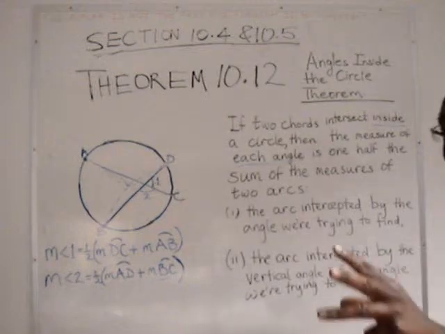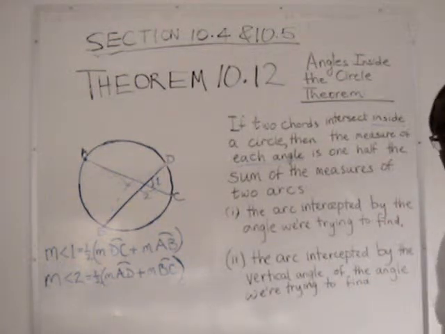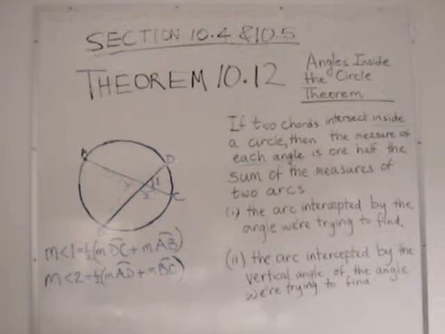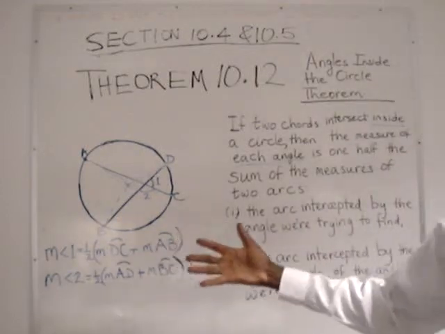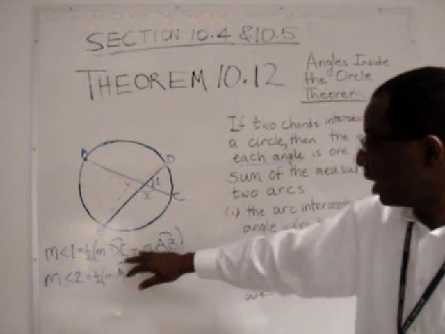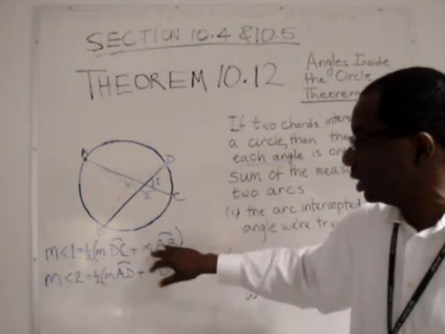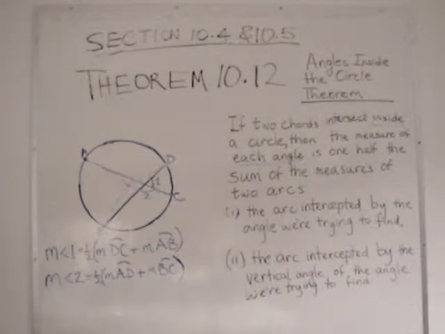Once you find those two arcs, find the measures of each of them, then sum them up and divide by 2, or you find the average. This is the same as finding an average, right? You take two things, you add them, and you divide by 2. That's finding the average of two things. So that's what that is.